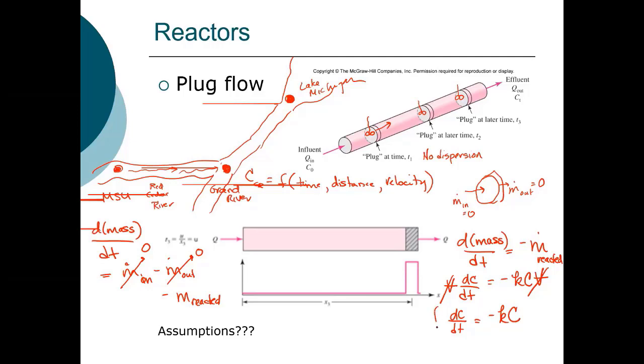And if I integrate this from C0 to C, and from time t0 to time t, I end up with that same expression, ln(C/C0) is equal to minus kt.